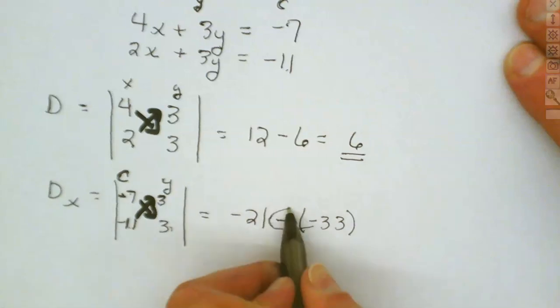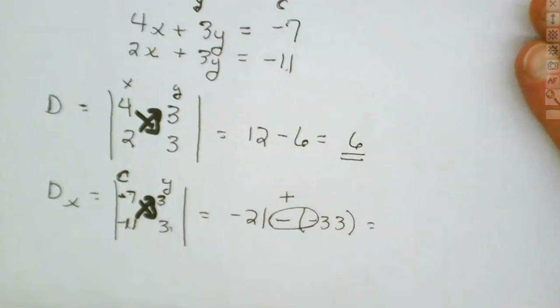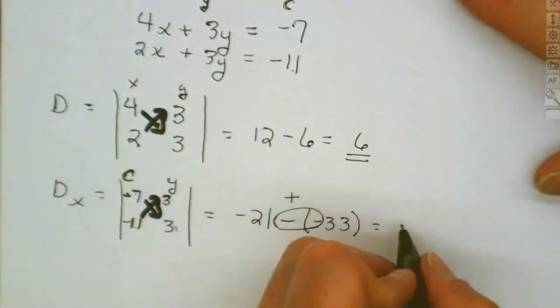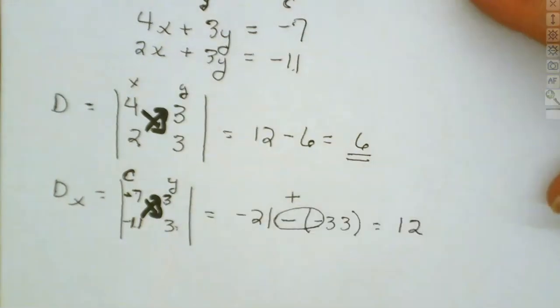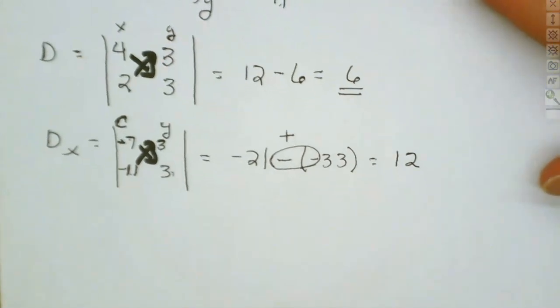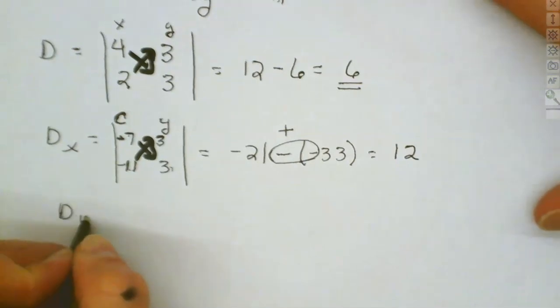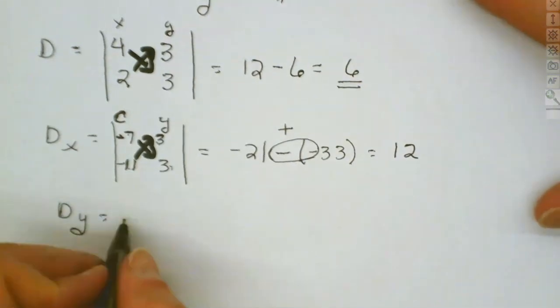We know the double negative makes that now a positive. And so we have a negative 21 plus positive 33, and that gives you the 12. We'll get the actual values of x and y in a moment. I always like to just get the determinants first. So now let's get Dy.